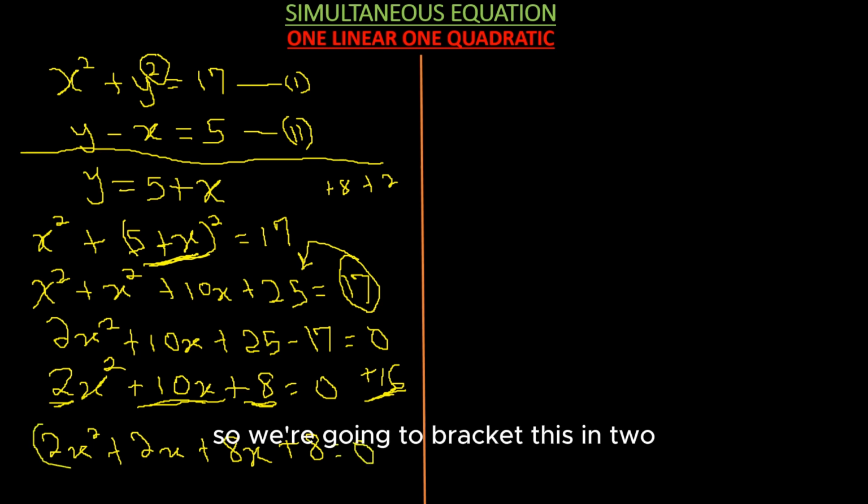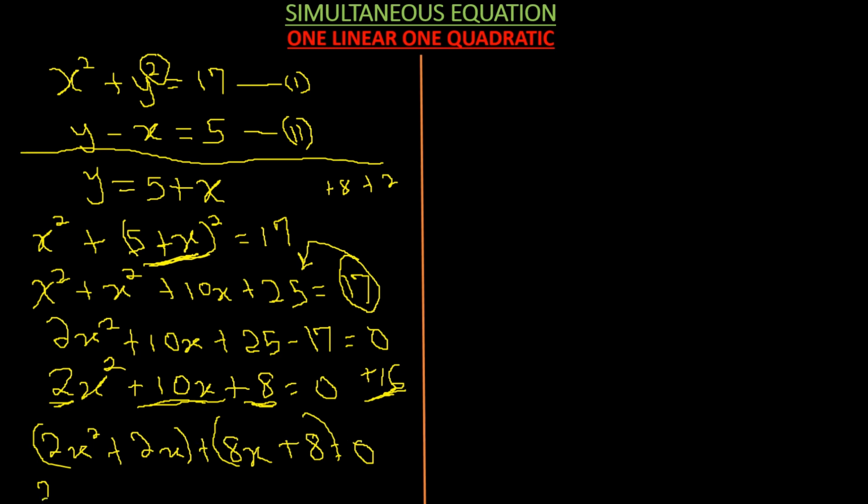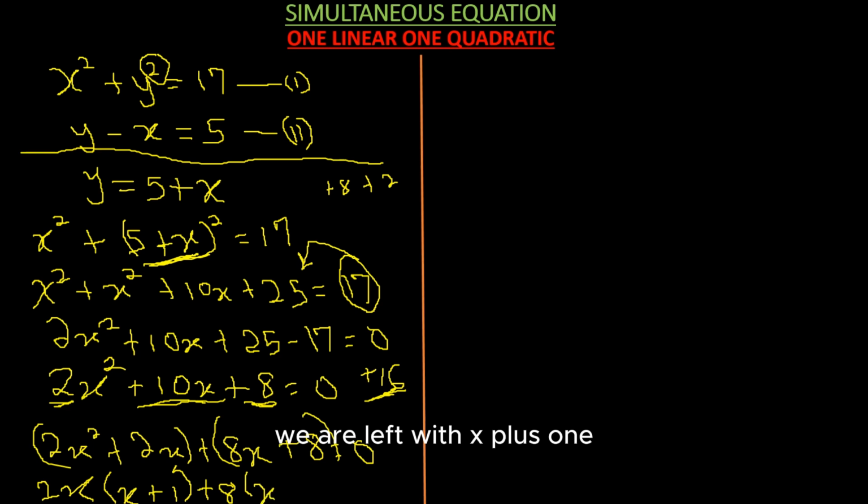We bracket this in 2's. What's common here? 2x is common, so we are left with x plus 1. Then 8 is common here, and we are left with x plus 1.